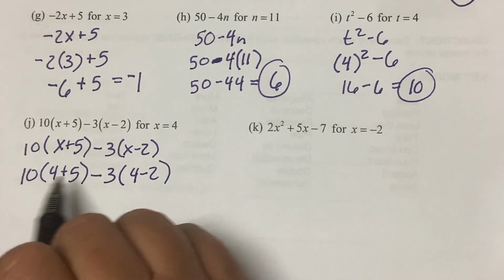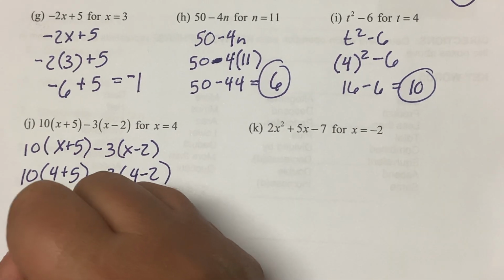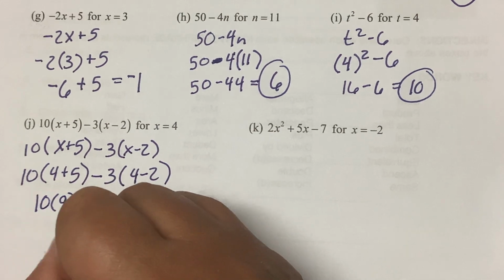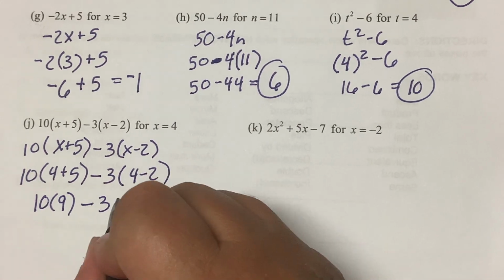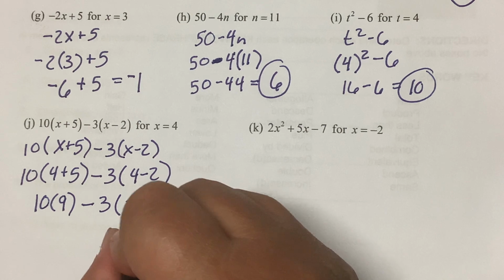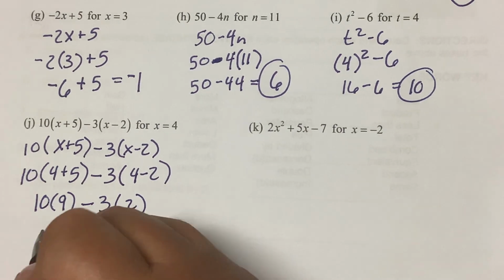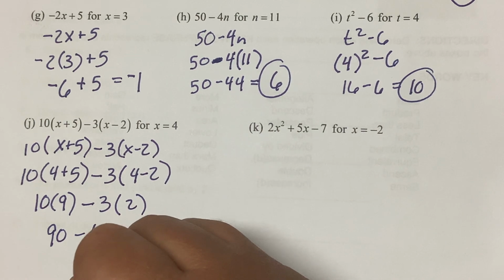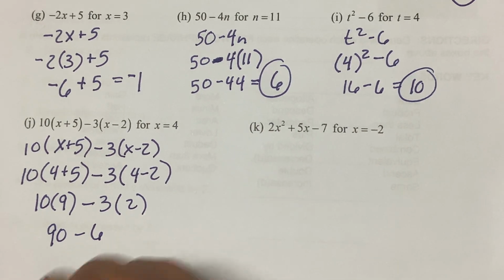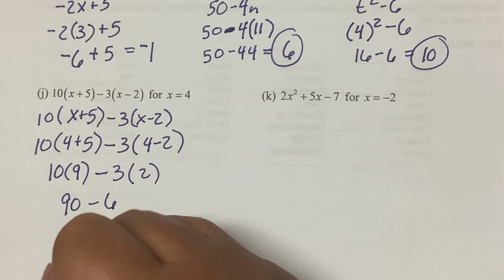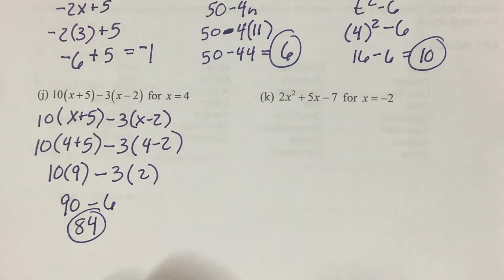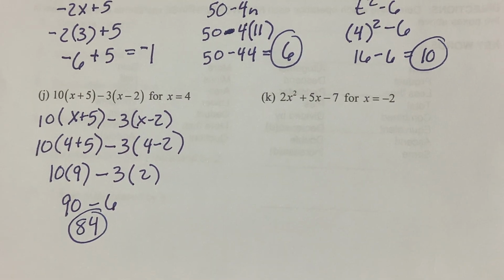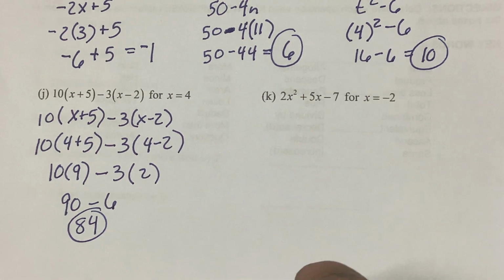So 4 plus 5 is 9, so 10 times 9 minus 3, 4 minus 2 is 2. 10 times 9, 90. 3 times 2, 6. 90 minus 6, 84. There's a lot of order of operations going on here, too.